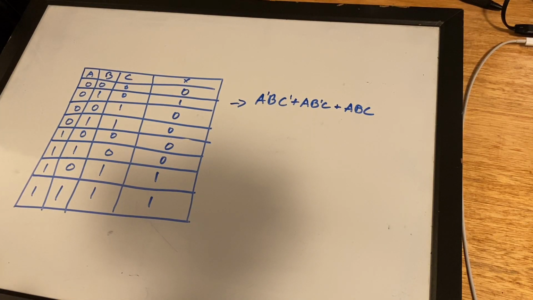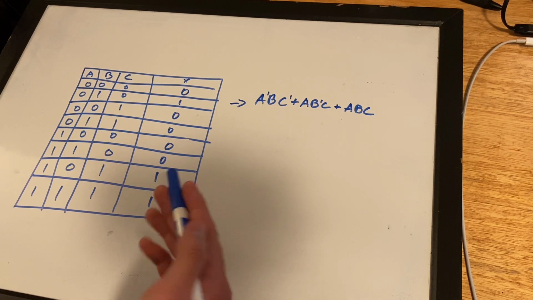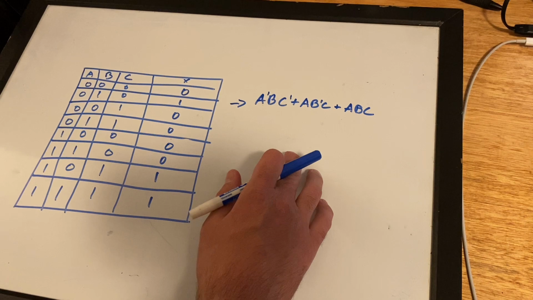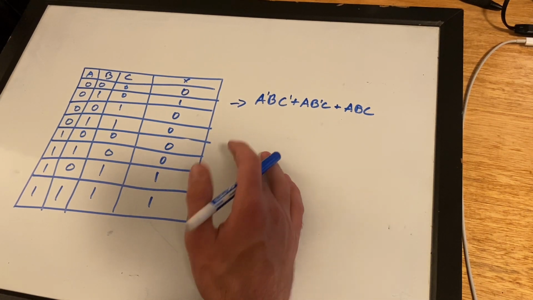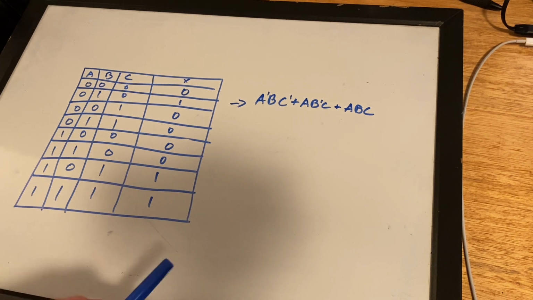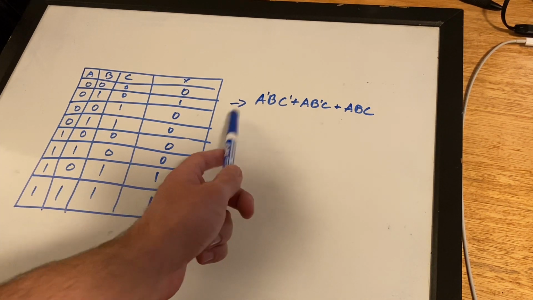Okay, so now that we got that out of the way, we're actually going to be converting a truth table back to a circuit. As you can see here, I already started the equation. This is going to be an SOP form. Basically, we're taking every single one and we're modeling an equation based off of what's true or not.